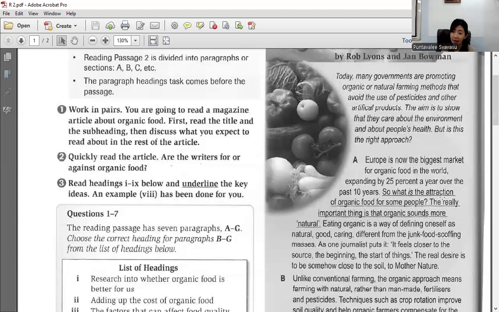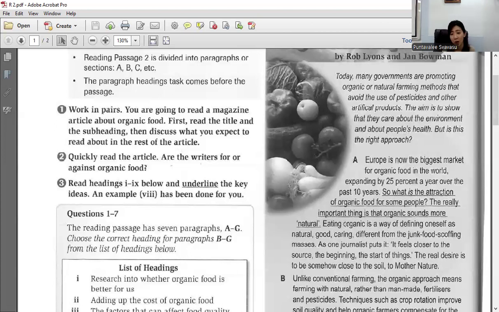And then they answer it: the really important thing is it sounds more natural. Think about this: the word natural is very general. You would have many different meanings or feelings toward the word natural. But this is the main idea, and then they try to explain what they mean by natural.